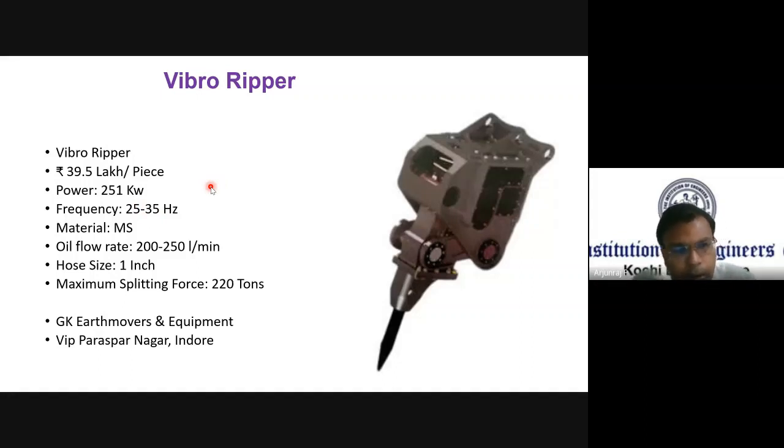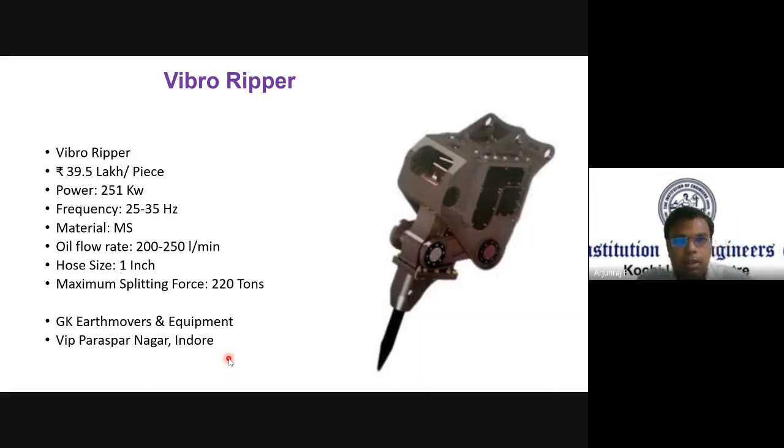If it is operated hydraulically, and you have the flow of oil, you have 200 to 250 liters per minute, and the size of the hose is going to be 1 inch. The maximum splitting force is going to be 20 tons, and the manufacturer is GK Earth Movers and Equipments, which is located in a place called Indore in VIP Paraspar Nagar.